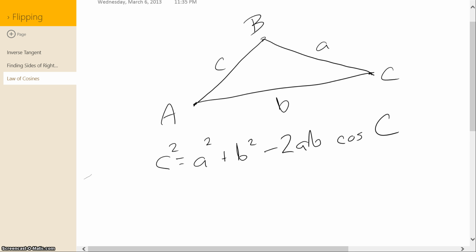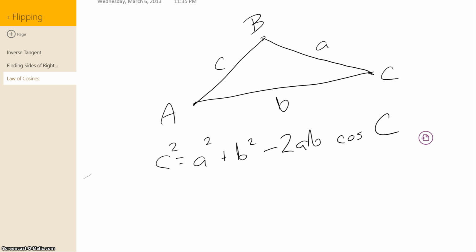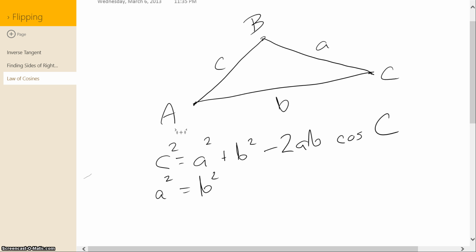Same thing is going to hold true for any of the sides and any of its opposite angles. So if we took a squared, that's just going to be b squared plus c squared minus 2bc cosine, what do you think?